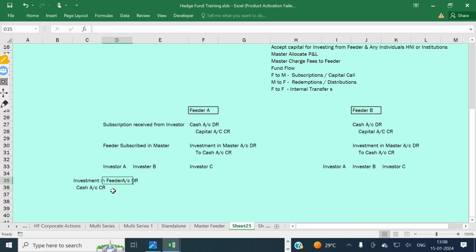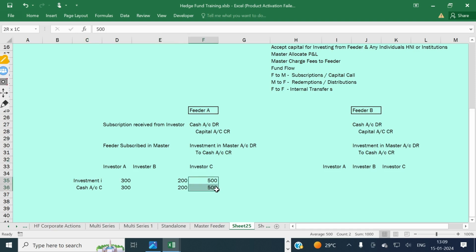So the amount basically will be recorded weekly. Let's say this A investor processes 300, 300, 200, 200, 500, 500. In the books of investor, they'll record it as an investment in feeder.